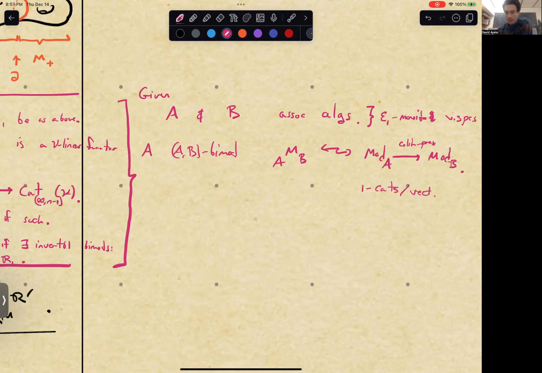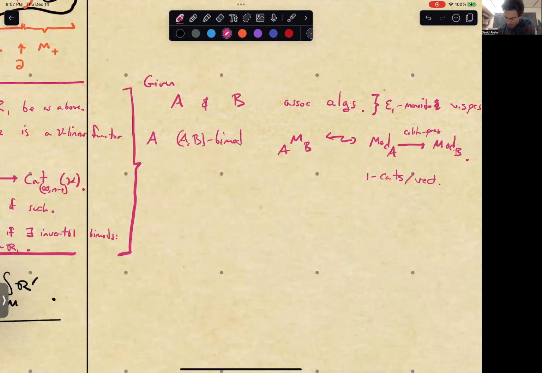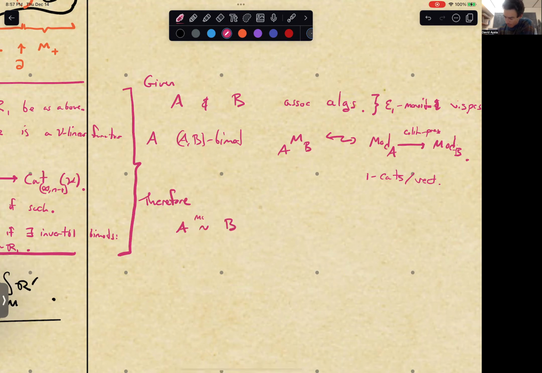So we can represent bimodules as functors between categories. This is one motivation for considering categories, not algebras. And furthermore, it follows from this, therefore, A is Morita equivalent to B if and only if perf A is equivalent, not Morita equivalent, but equivalent, to perf B.